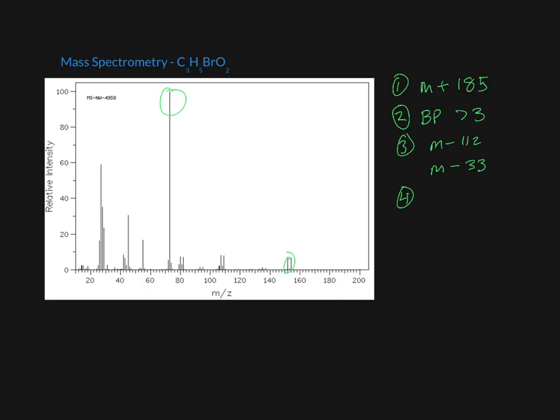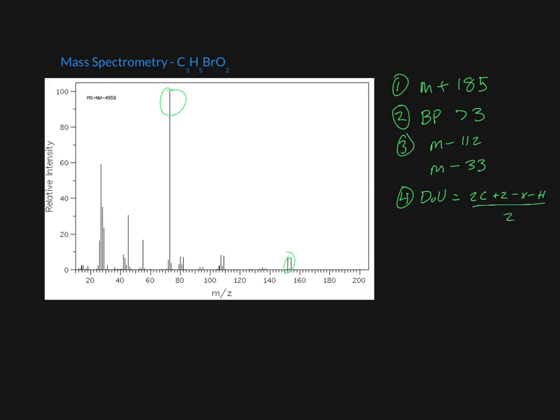Next, we identify our DOU, or degrees of unsaturation. We do this by taking the equation of 2 times the number of carbons plus 2 minus the number of halogens minus the number of hydrogens, all over 2.